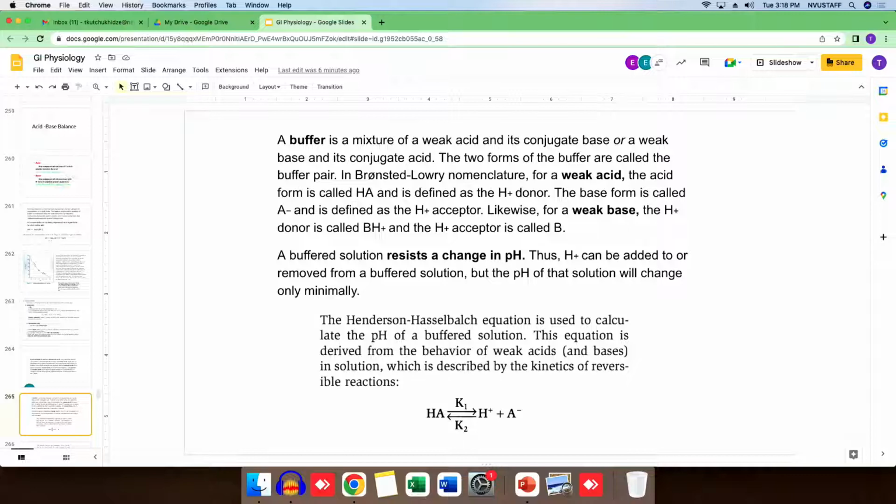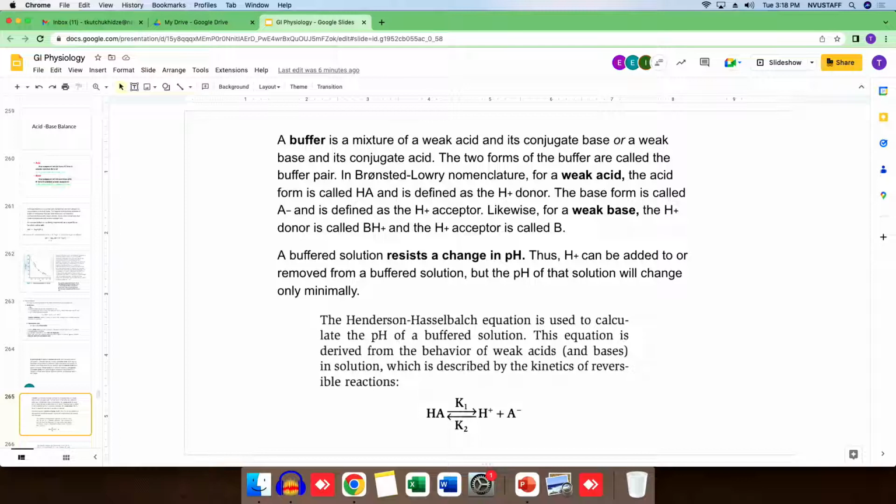So we've discussed what types of acids we can have and what kinds can be created, either volatile or fixed acids, but our human body system always tries to manage these situations with, for example, the buffer system. And what is a buffer?